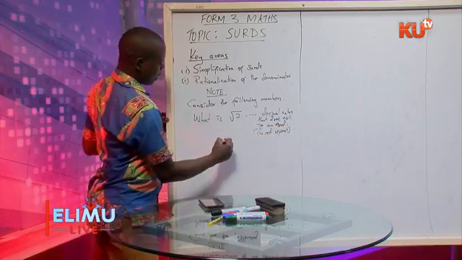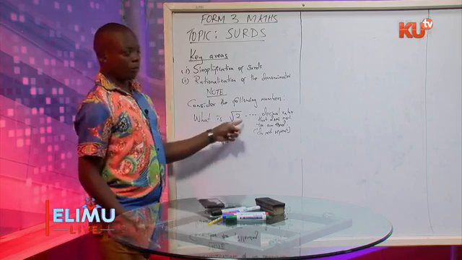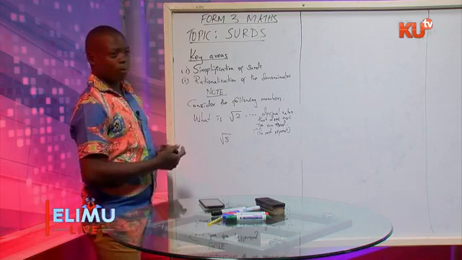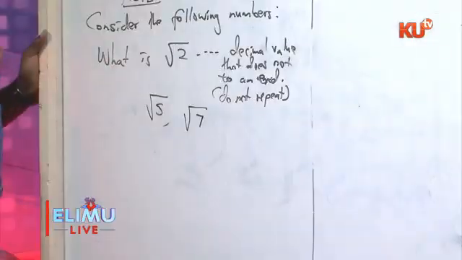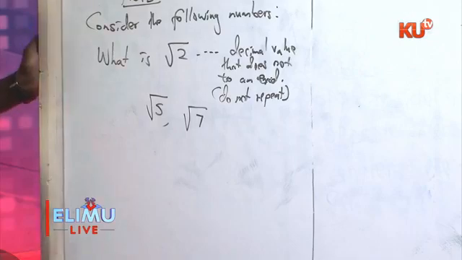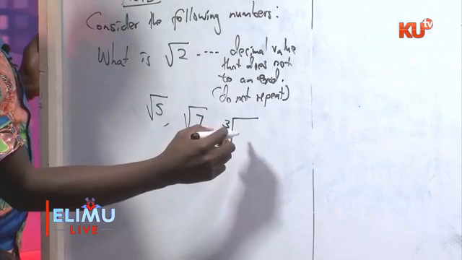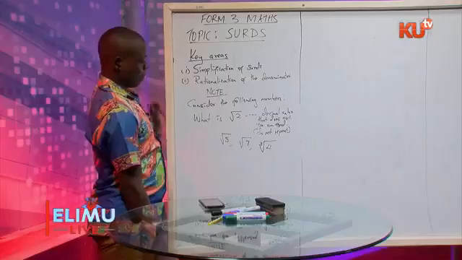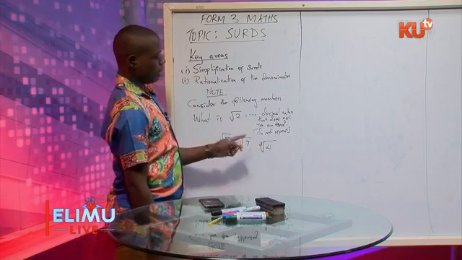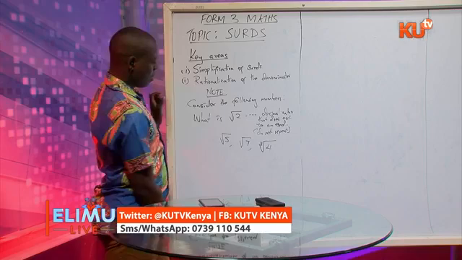Again, if we consider root 5, it will be the same situation as for root 2. If you consider root 7, it gives the same case. Now let's take the cube root of 4: same solution, a decimal number whose values do not repeat and does not come to an end.